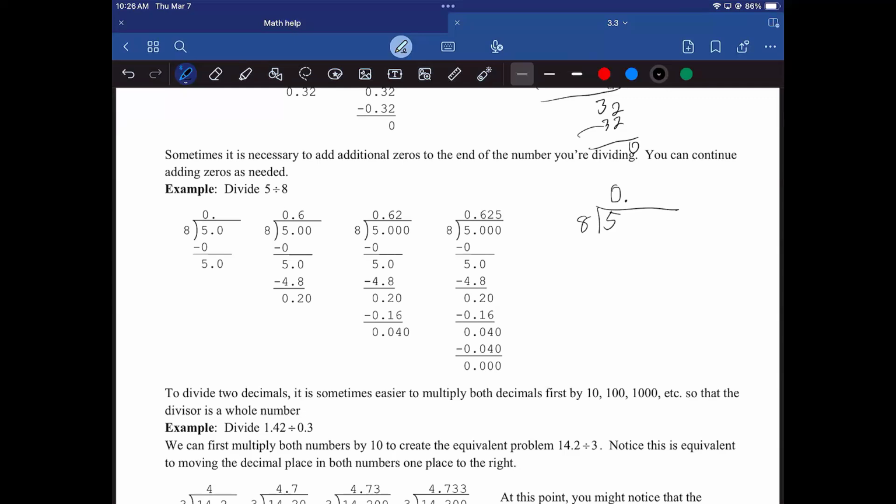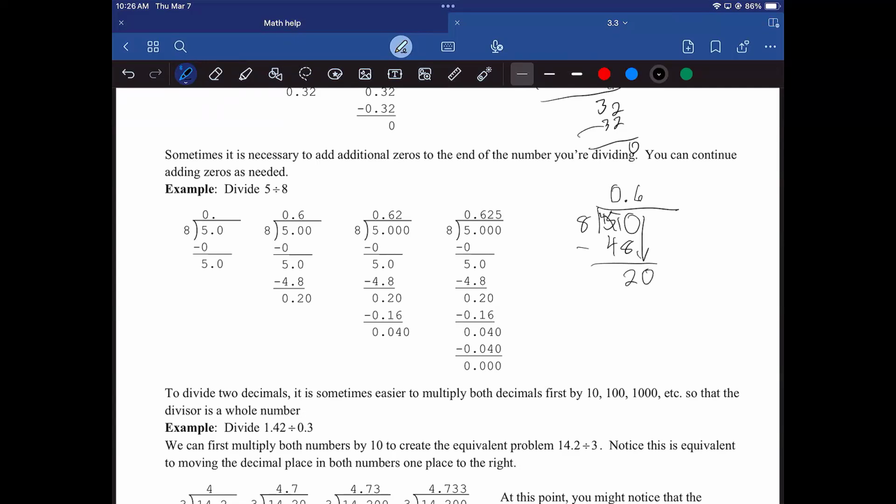Okay. So now by putting that decimal, I can break it into smaller pieces, because this is wholes and these are tenths. And so now I can go, well, 6 times 8 is 48. Draw the line, change the sign. 50 minus 48, 5 goes to a 40, that goes to a 10. 10 minus 8 gives me 2.